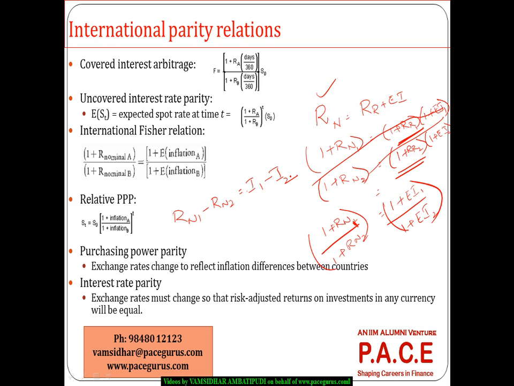The major relationship we are talking about is the difference in the nominal rates of two countries is equal to the inflation differentials between the two countries, under the assumption that the real rate of growth in both the countries is more or less the same. Otherwise, I may have to consider even those things as a part of my relationship.